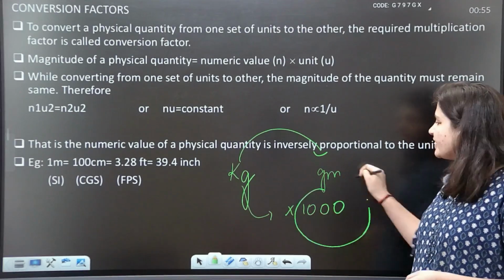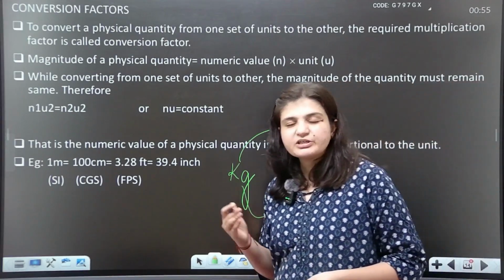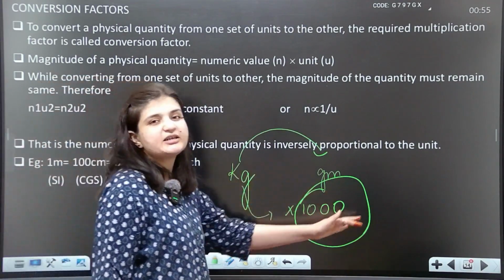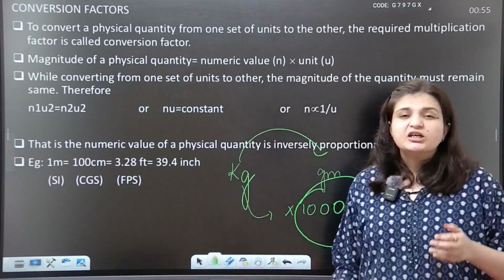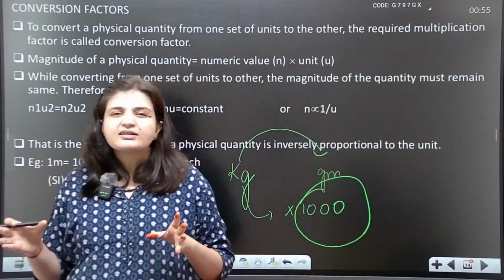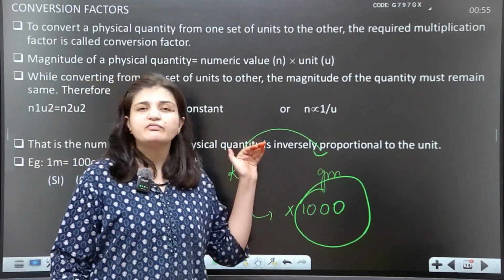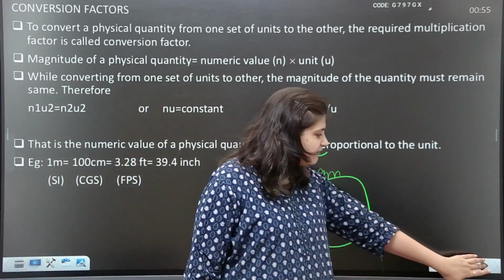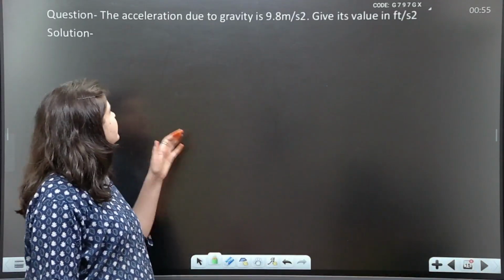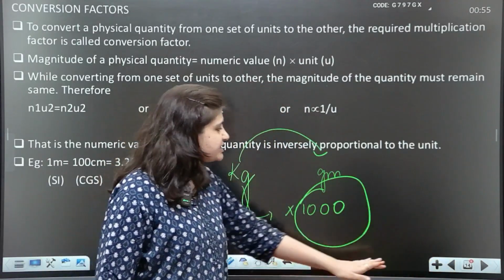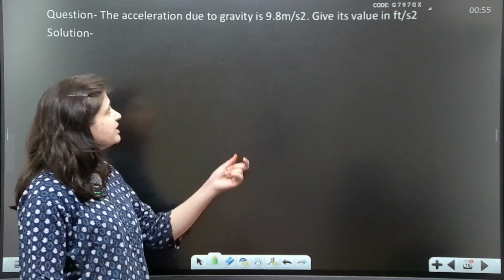We multiply with the unit of measurement to measure it in the other quantity. That is what we call the conversion factor: how to convert one unit into another. Now let's look at an example: the acceleration due to gravity.